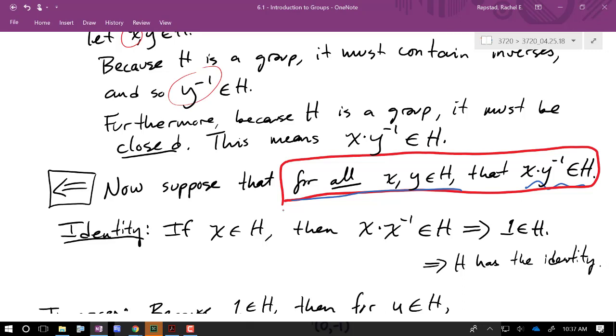So we're saying for x and x in H, then x times x inverse must be in there. We're letting x play the role of both x and y in this assumption. That's the for all part, the big part of this supposition. So we know that x inverse is somewhere in G, it has to be because G contains inverses.